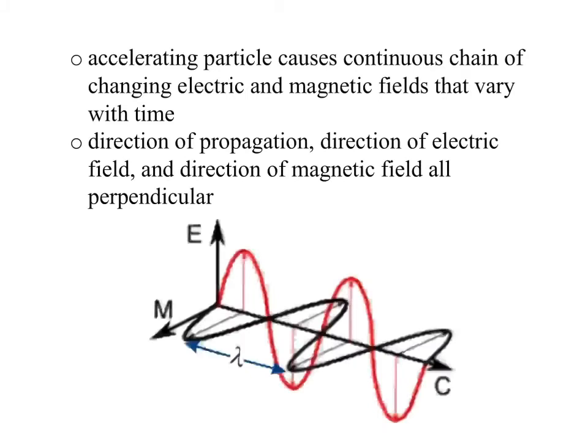It's basically two waves. We have our electric wave. These are the red waves here going in one direction, and then the magnetic wave going in another. What's really important is the direction of propagation. A lot of people look at that and say, what is the direction of propagation? That's this C down here. I don't know why it's labeled C. But basically, here's our direction of propagation right there.